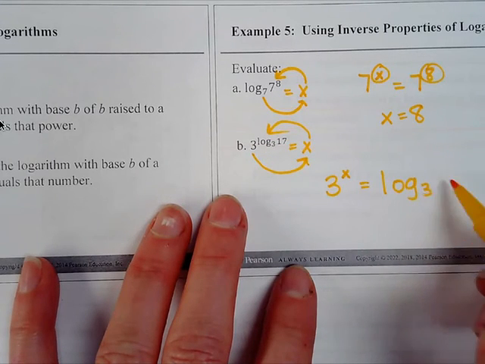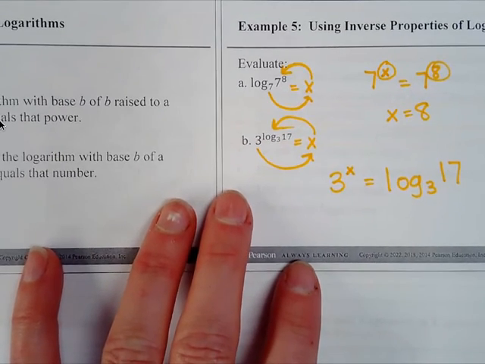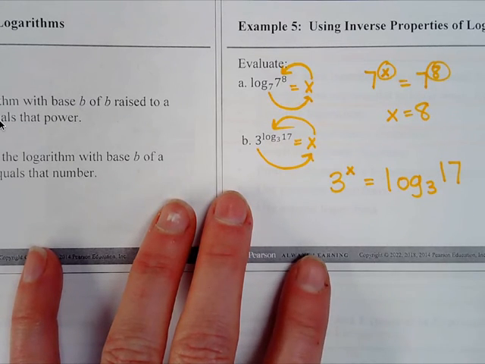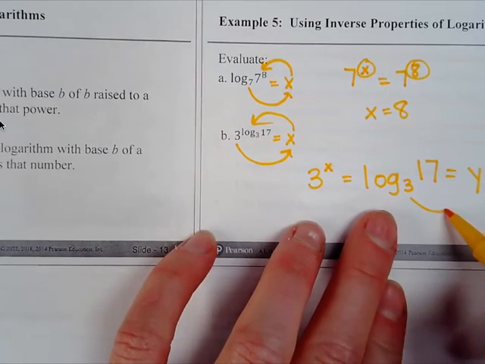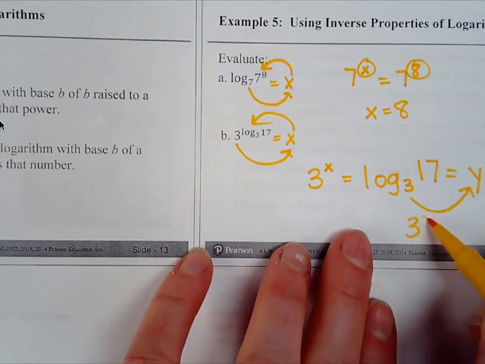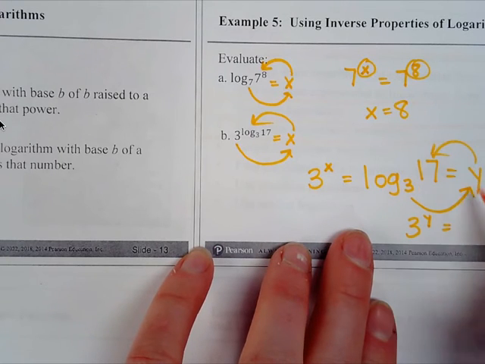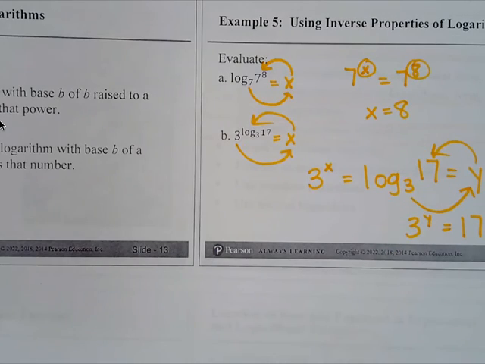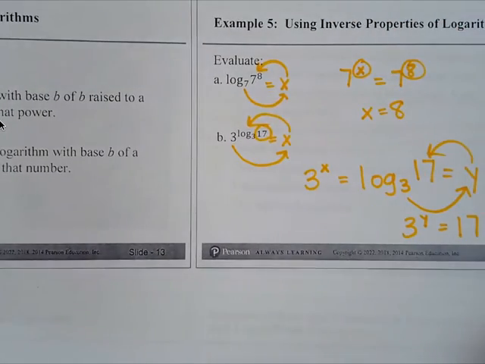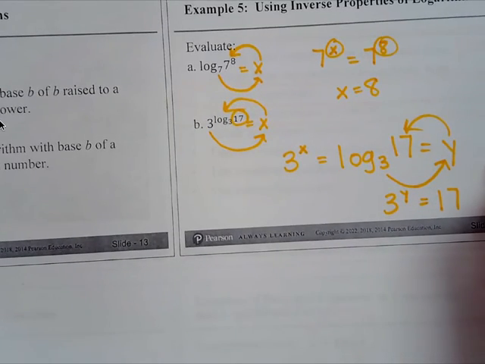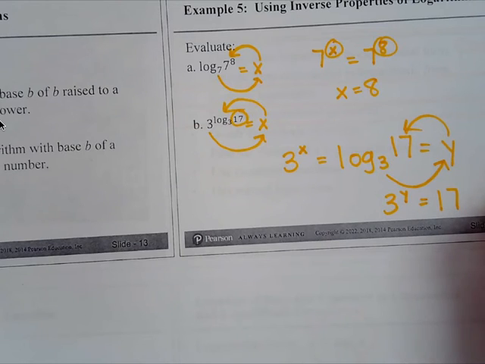Log base 3 of 17. Then we'd actually have to do it again, which is kind of weird. So equals y. 3 raised to the y equals 17. So it says it equals the x value. So the x value is 17. So x equals 17.